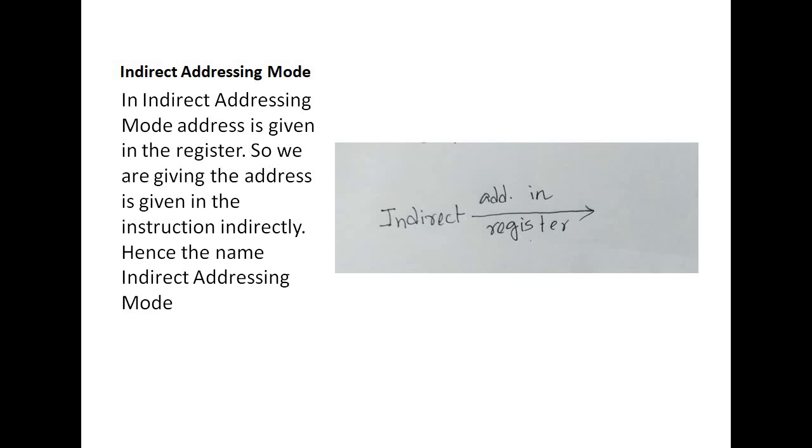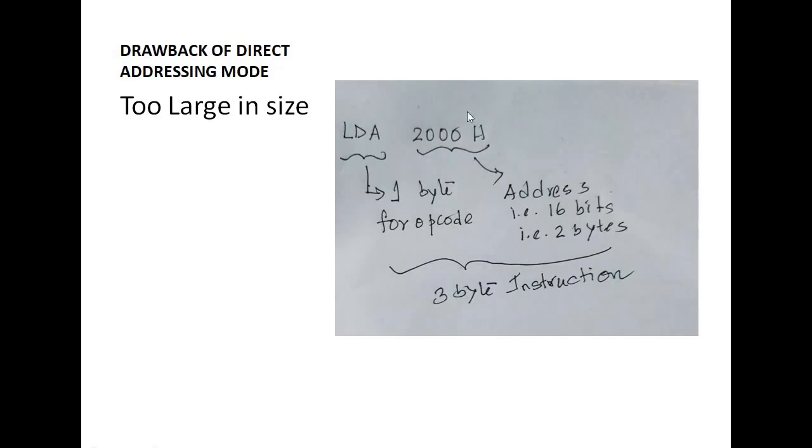In direct addressing mode, what we have seen is that the memory where the data was stored was directly given in the instruction, right? See here, the memory 2000H, this is the memory where the data was stored. Now that memory is directly given in the instruction, so this is direct addressing mode.